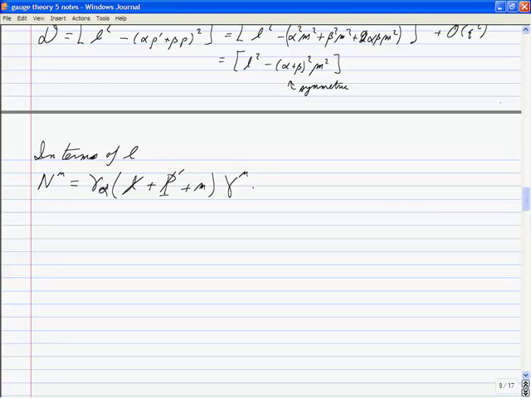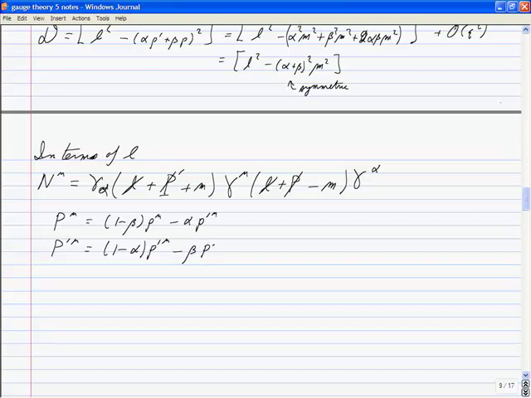That's first one was gamma alpha, the middle one's gamma mu L slash plus capital P gamma alpha, and the P mu was 1 minus beta P mu minus alpha P prime mu, and P prime mu was 1 minus alpha P prime mu minus beta P mu.